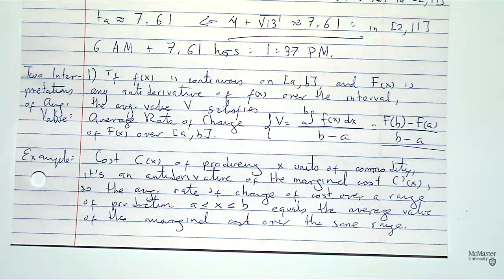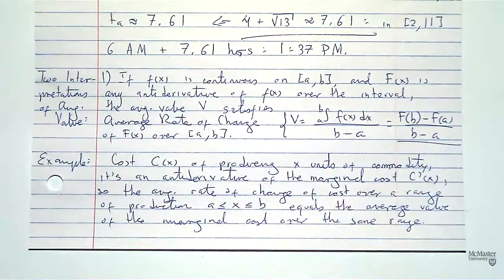So, basically think that big F is the cost, little f is the marginal, which is C prime, so it is just plugging in that.